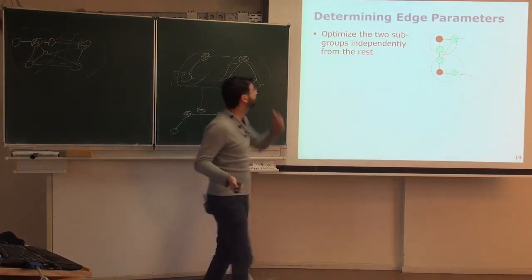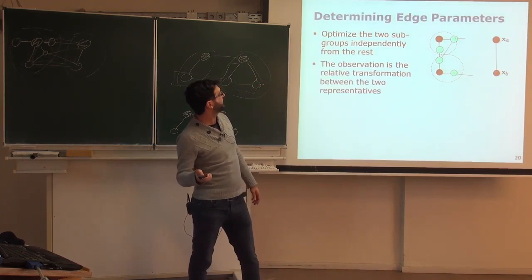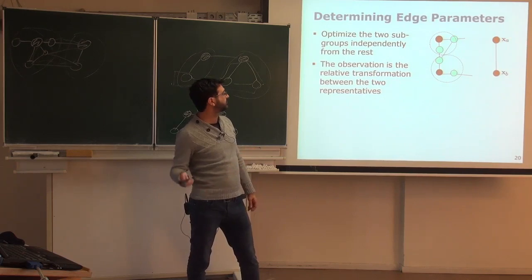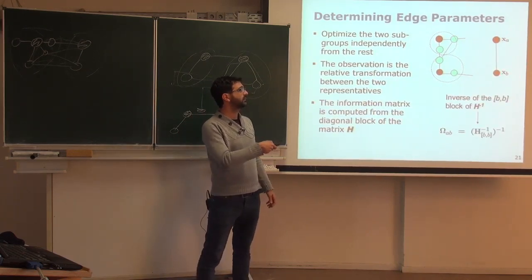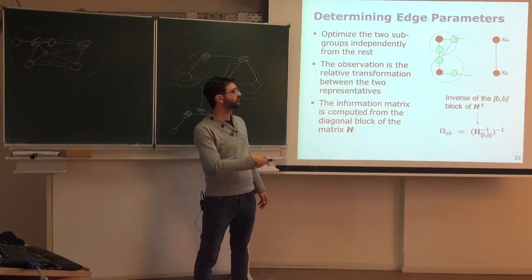So that's exactly what the next slides will probably say. We optimize this, then we take the values of the two, and the observation is from the mean. So you take the solution for these two and take the difference, and the uncertainty is taking the inverse of the Hessian.